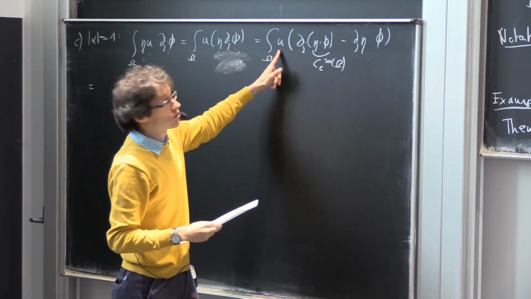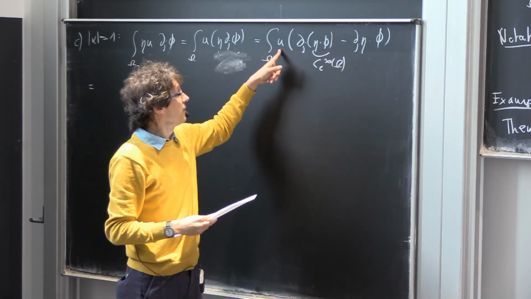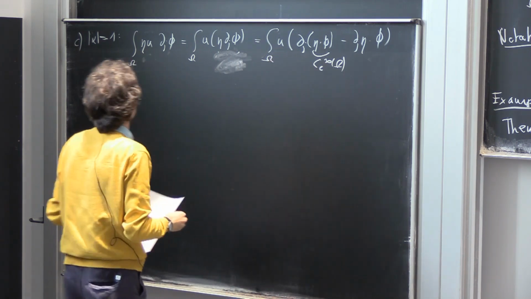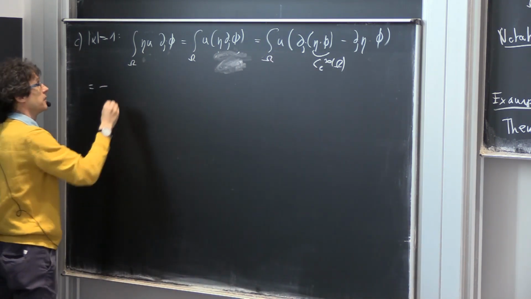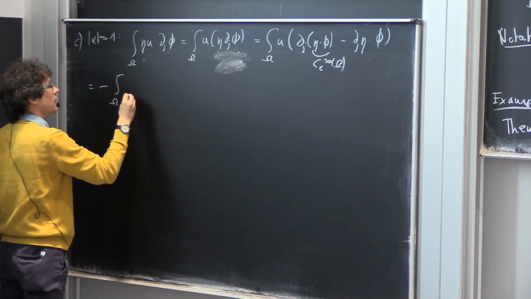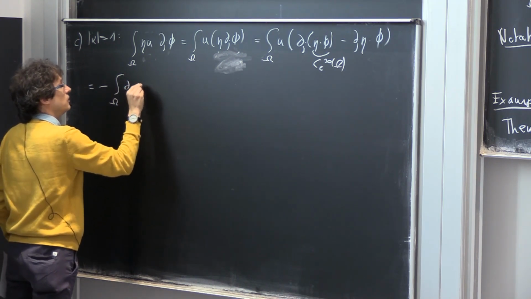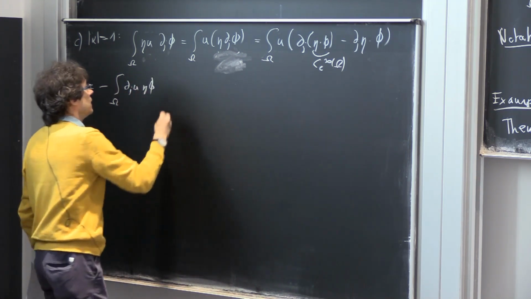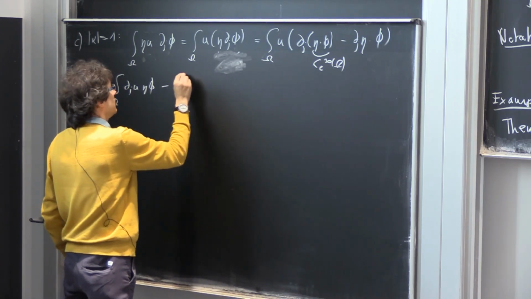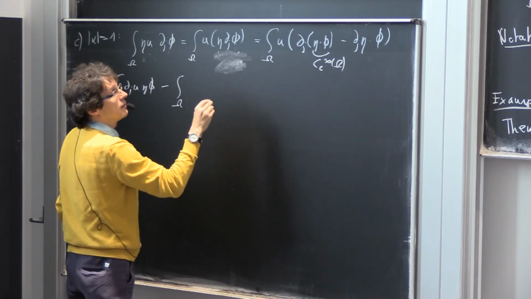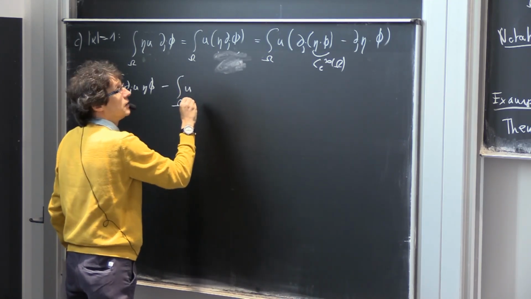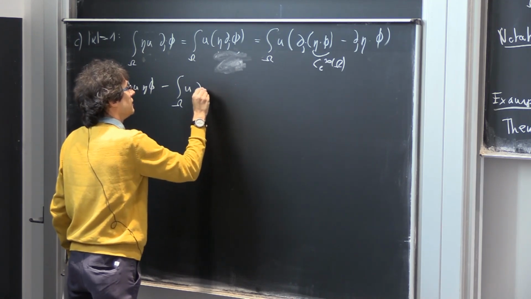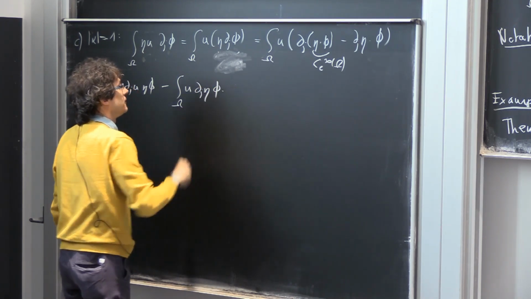U is weakly differentiable by hypothesis, so you can take this over to the other side by taking a minus sign. So minus integral over omega d_j u multiplied with eta phi, minus integral over omega u d_j eta phi.